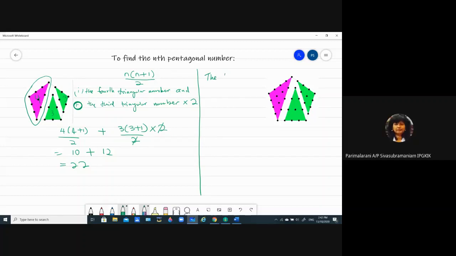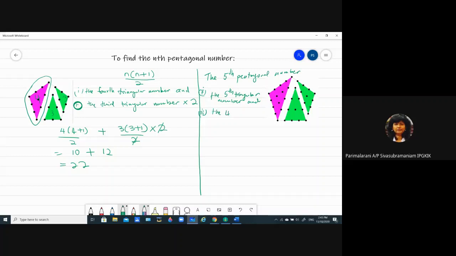So the fifth pentagonal number also consists of what triangular numbers? It consists of the fifth triangular number and the fourth triangular number. Yes, correct.